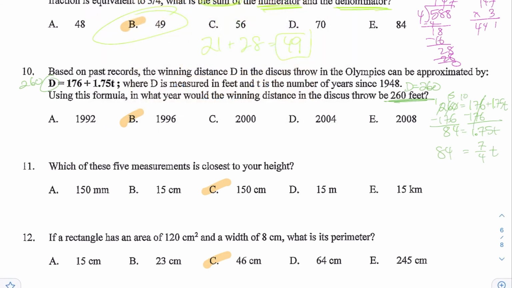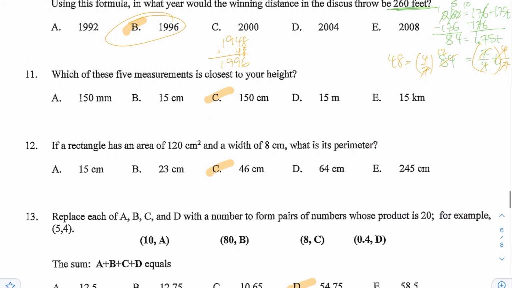So from here you can multiply both sides by 4/7. And 7 and 84 cross cancels to 12, and 12 times 4 is 48. So you would need to add 48 years to 1948. So 1948 plus 48 would be 1996, and that's choice B.